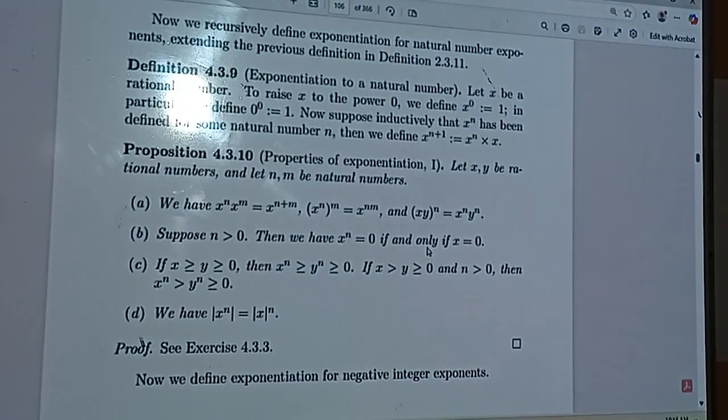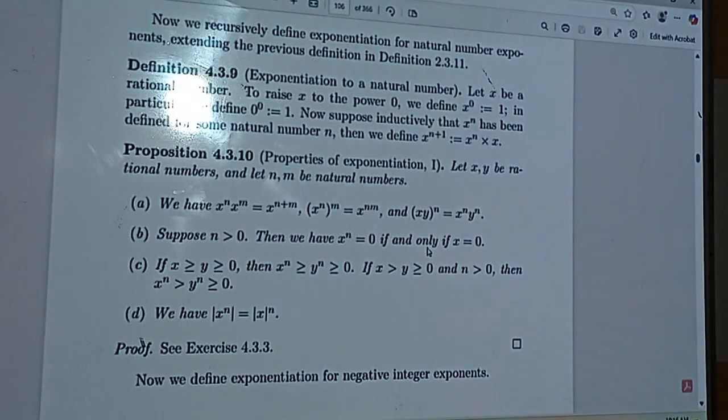So, anyway, so here what he did, regardless of what is written, how he defines x to the n, this is an inductive definition. He defines x to the 0. Then he takes any integer n for which x to the n is defined. Then he says x to the n plus 1 is x to the n times x. So we know the meaning of x to the n times x. As a result, x to the n is defined for each n.